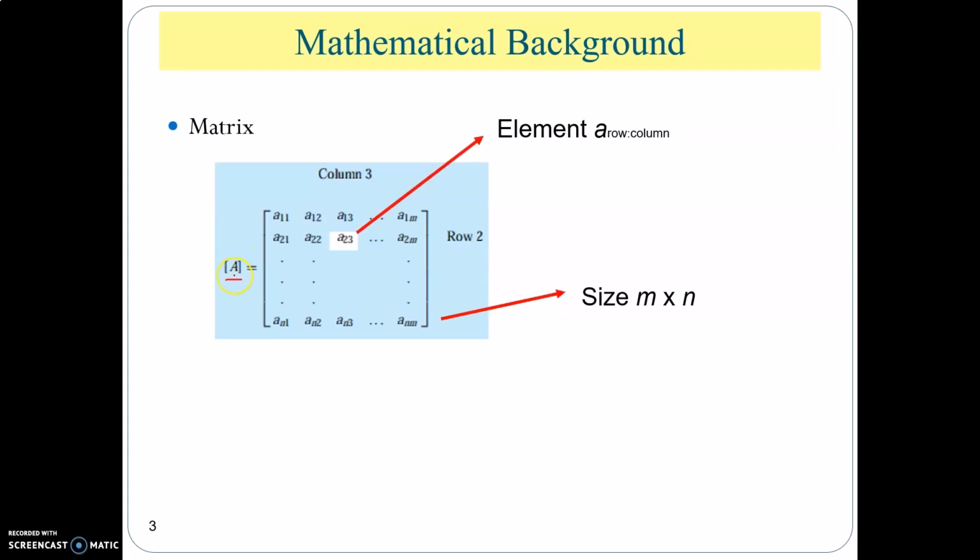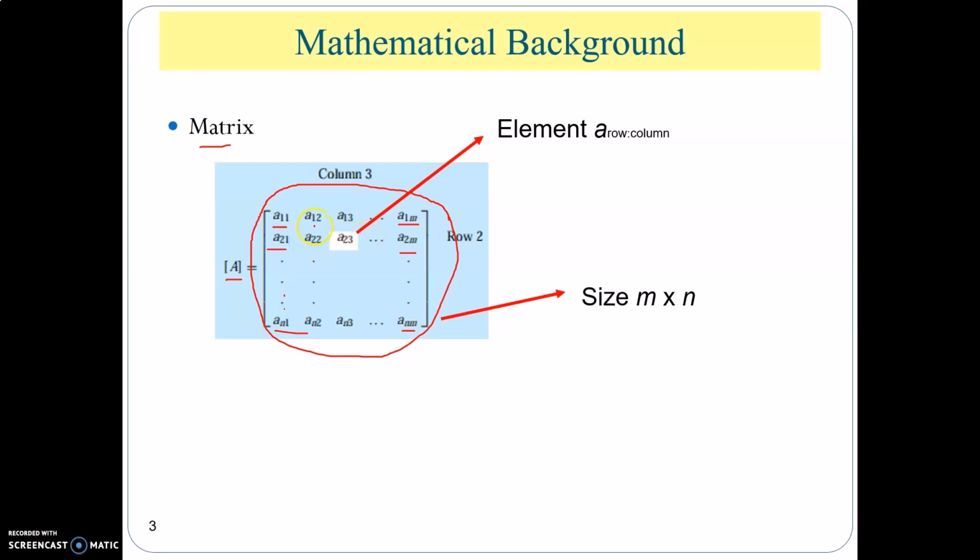So capital A in brackets indicates the matrix, and when we expand it, we obtain this component where you have elements A11 to A1m, A21 until A2m, and then you continue up to An1 until Anm.